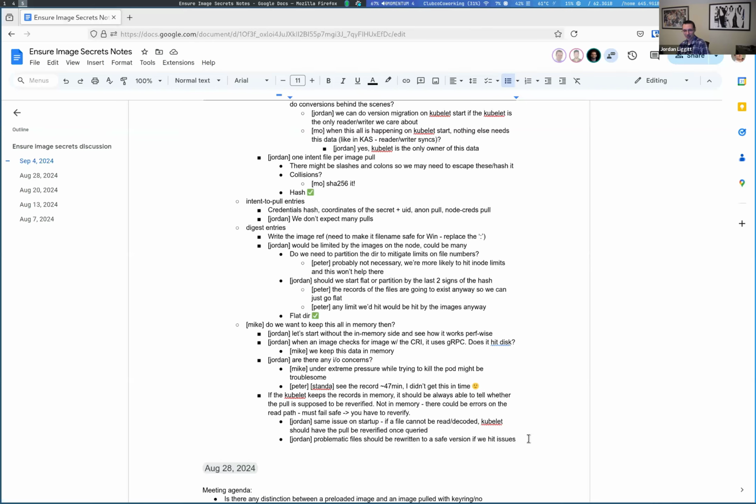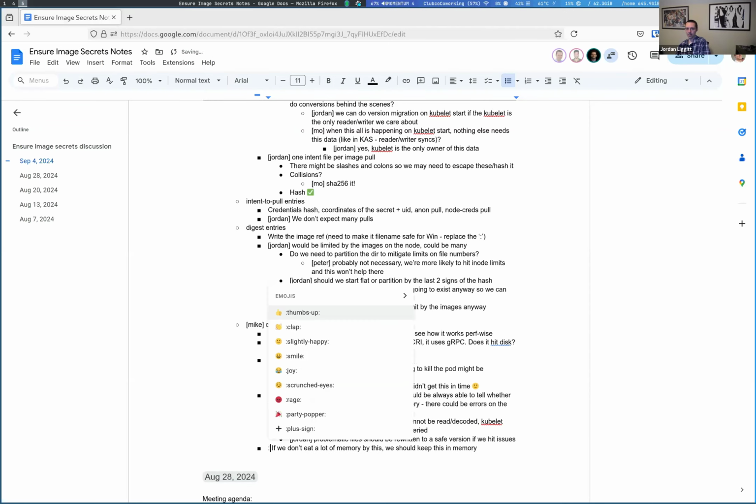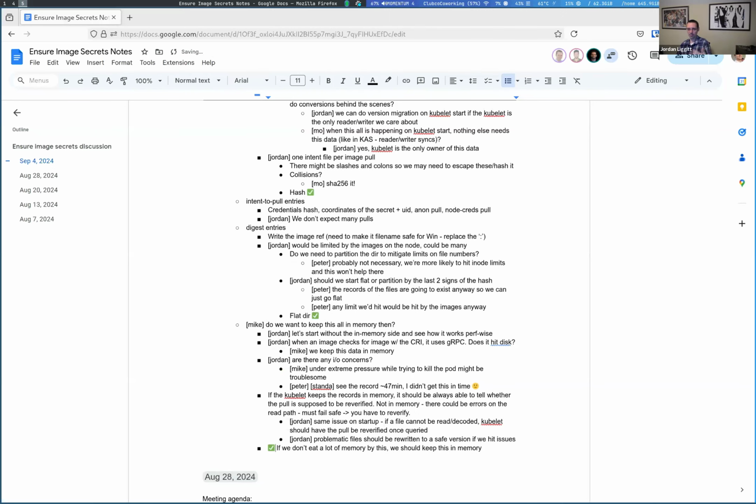If it's a tiny amount of data and we're not going to eat a lot of memory by doing that, then we might want to just keep it in memory. But you always have the possibility of files that couldn't be read for some reason, whether it happens at kubelet startup time when we're filling an in-memory representation, or at check time if we don't have an in-memory representation and we're going directly to disk. You always have the possibility of files that can't be decoded or read.